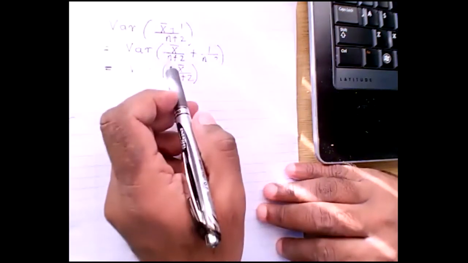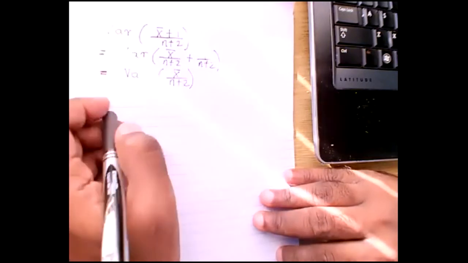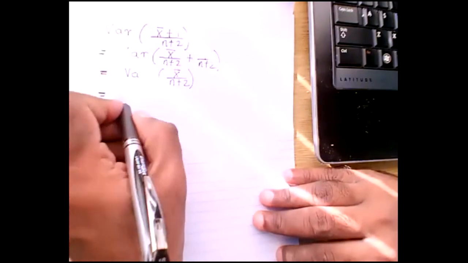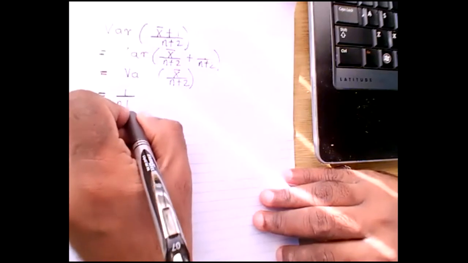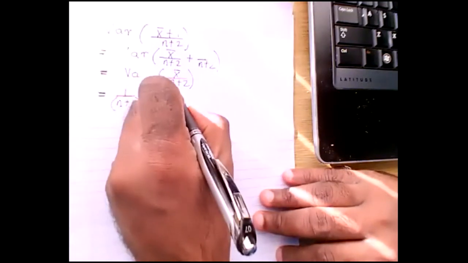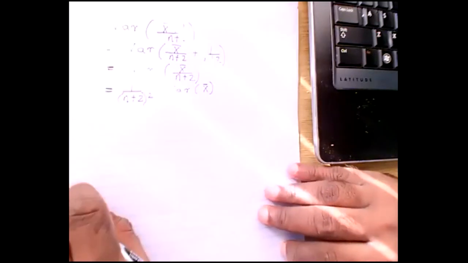Now this n plus 2 here is a constant. So when you take it outside, it becomes this, yeah?